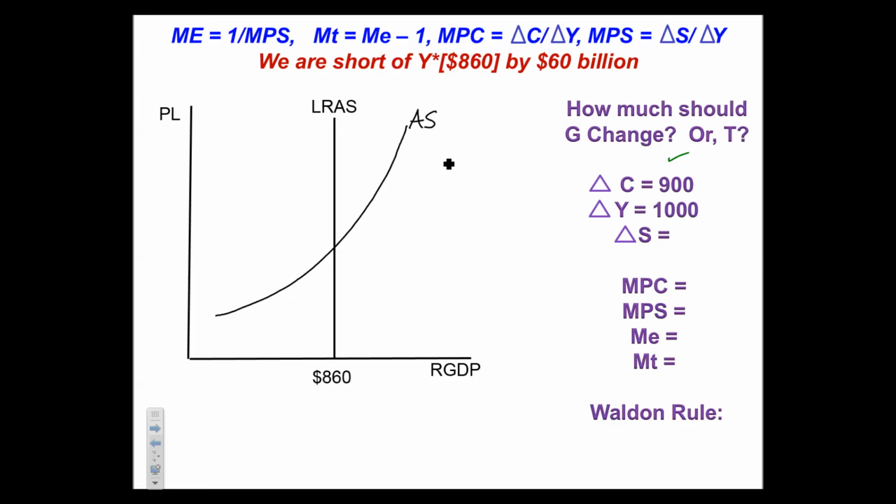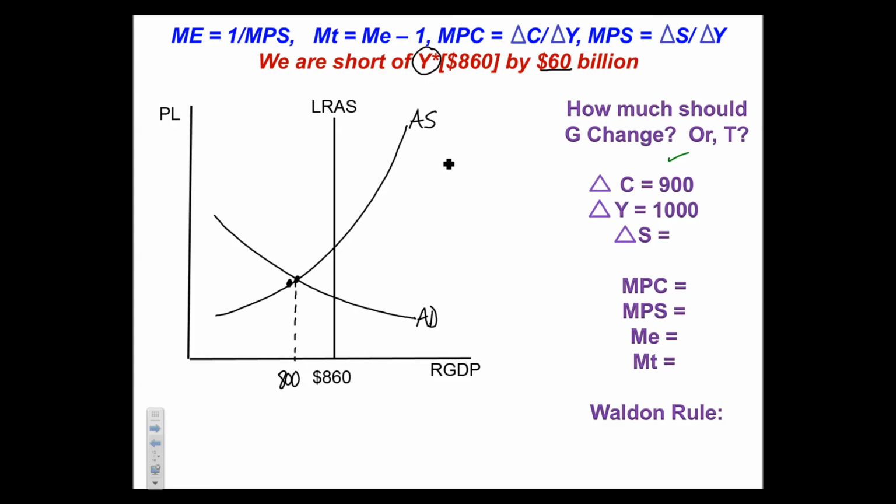Now, if it says that we are short of full employment GDP, Y star, the full employment level of GDP, and we're short by 60 billion again, that means our equilibrium has to be somewhere to the left of the long run aggregate supply curve. So I'm just going to make it right here. Okay, we're right there. Now, that means here is where we have our economy currently.